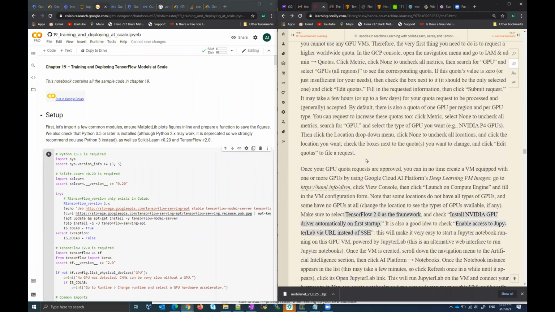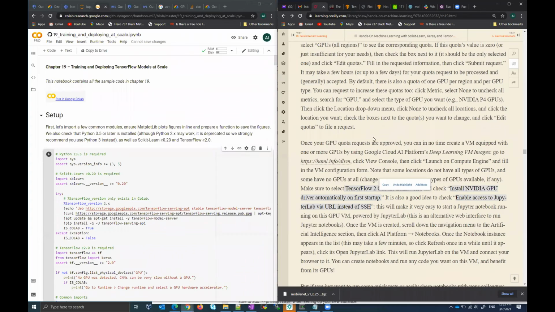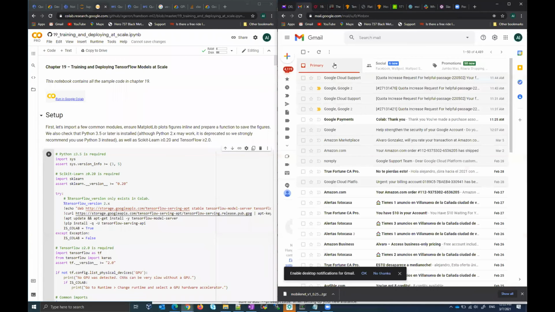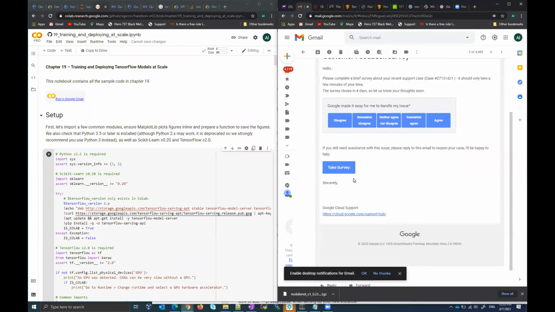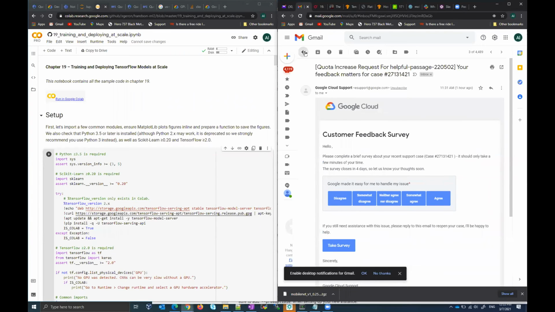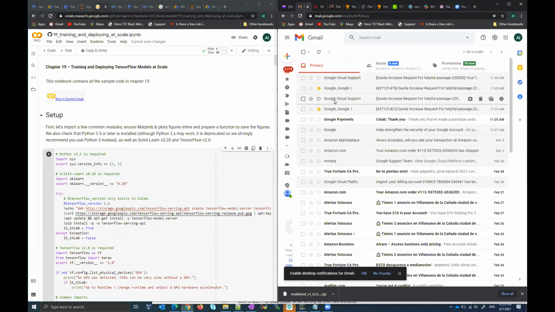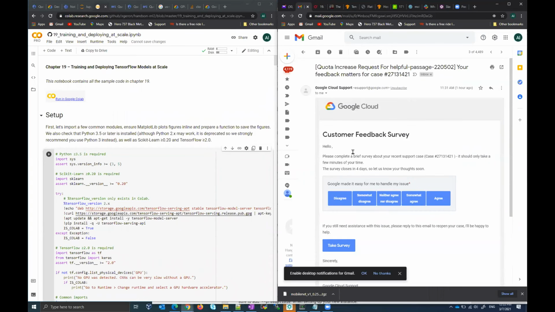because I was trying to get GPUs and it was working for me, but for only one. So I requested to get more than one GPU enabled, but I got rejected.